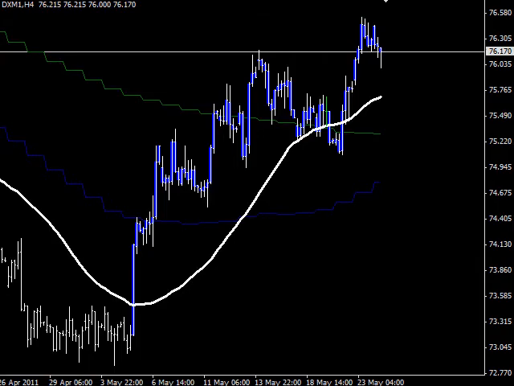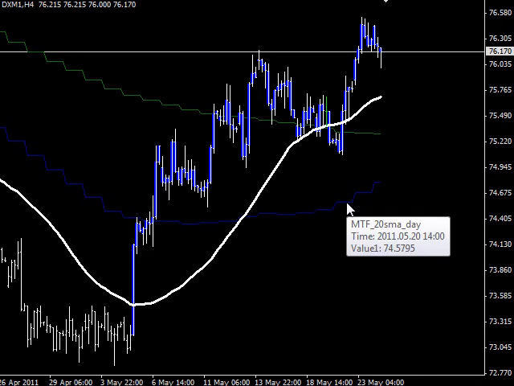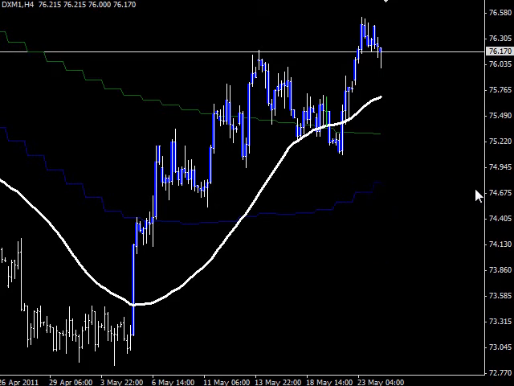4-hour chart on the current month, front month futures contract for the dollar index, DXM1, we can see the 50-day moving average. That's the green line which we have here. There's the 20-day simple moving average, which is very important as a support price point. 74.50.